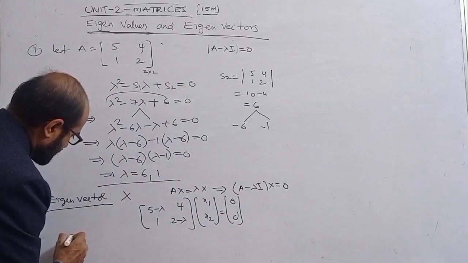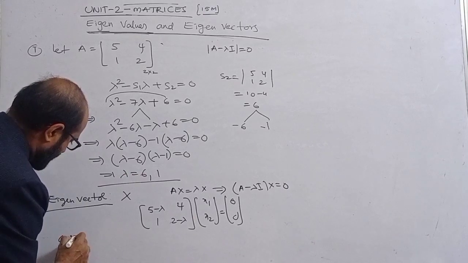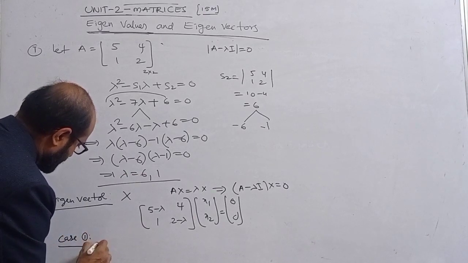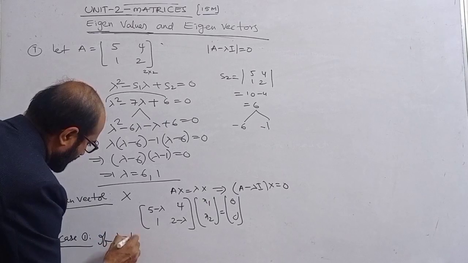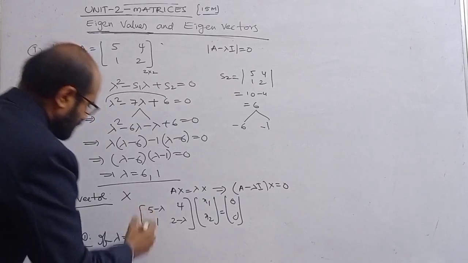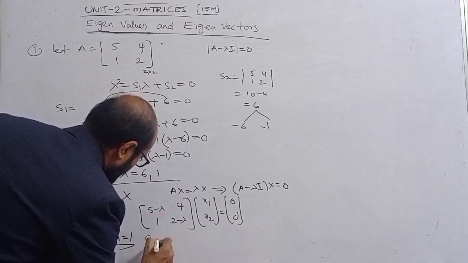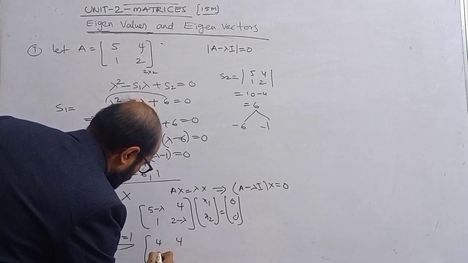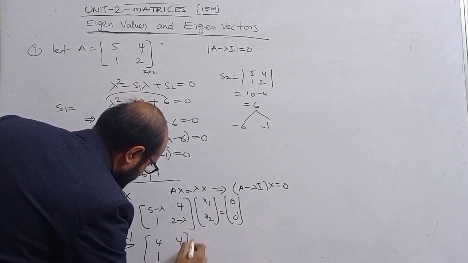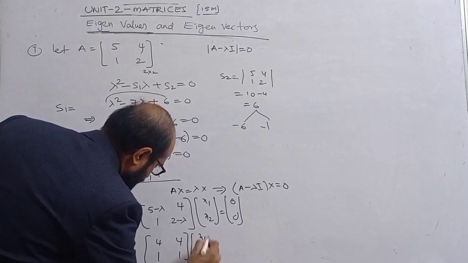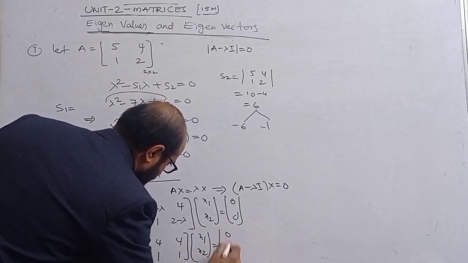Now let us see two cases. In case 1, if lambda equal to 1, then A minus lambda I is 5 minus 1 is 4, 4, 1, 2 minus 1 is 1, into x1, x2 equal to 0, 0.